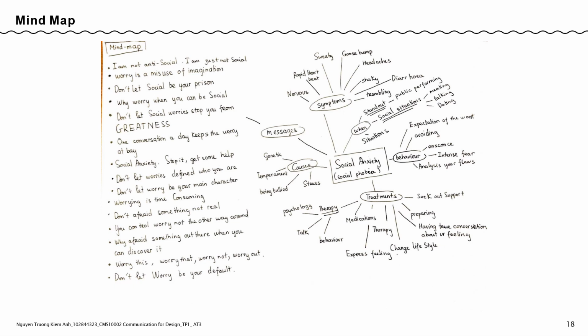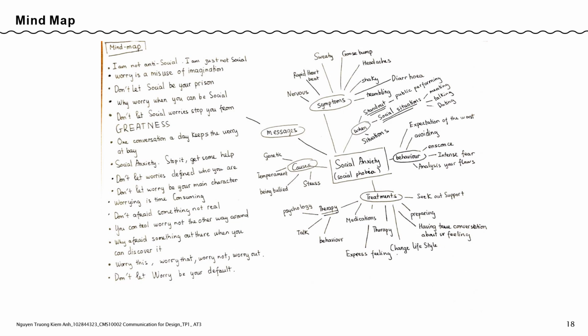These symptoms begin when they do a public performance, talk, or meet in a social activity or event. The behaviors are that they always expect the worst case scenario to happen to them, avoiding conversations and avoiding situations with intense fears. The treatment for social anxiety is therapy or taking medication.